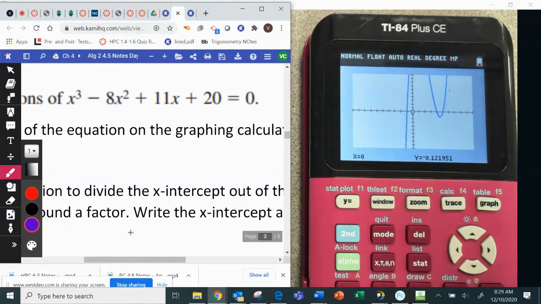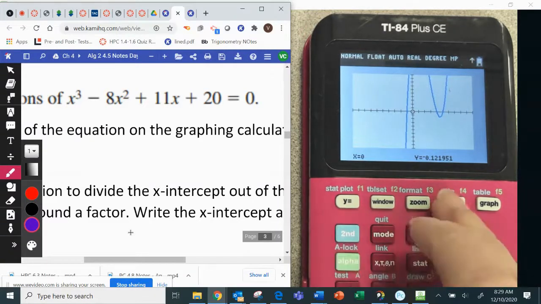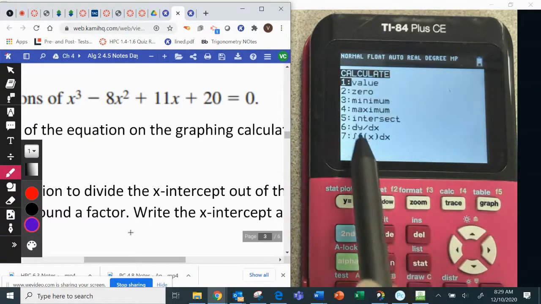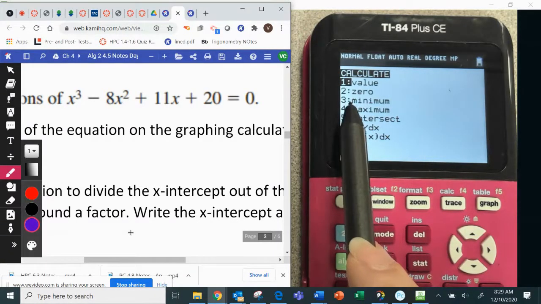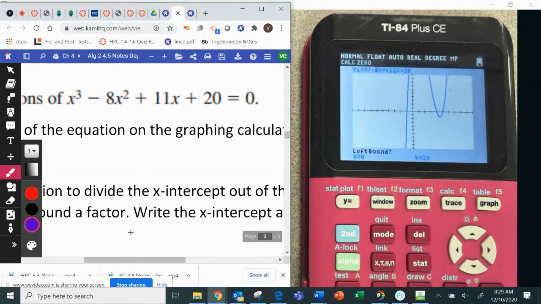I want you guys to do second trace, and we're going to choose 0, because we're finding a 0. So second trace 0. It says left bound. That means from this 0 that we think is at -1, pick any number to the left. What's to the left of -1? -2, sure.